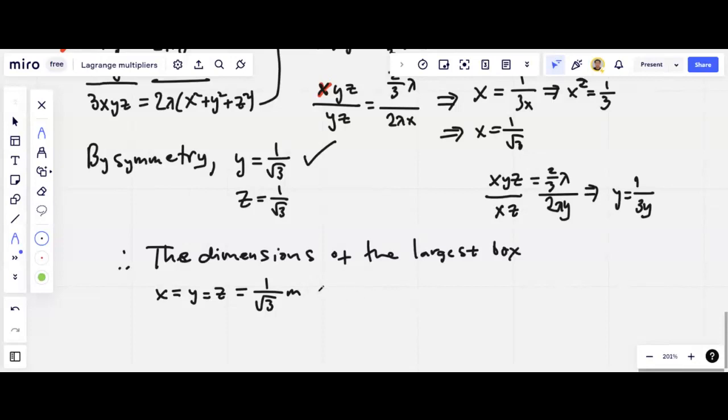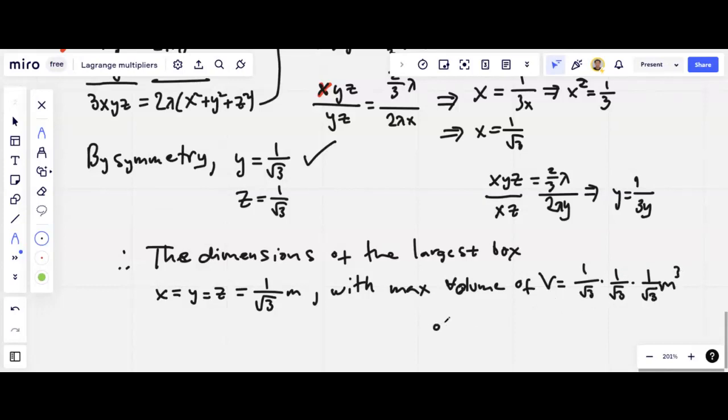And incidentally, it will have a maximum volume of V equal to 1 over square root of 3 times 1 over square root of 3 times 1 over square root of 3 cubic meters, or 1 over 3 square root of 3 cubic meters.